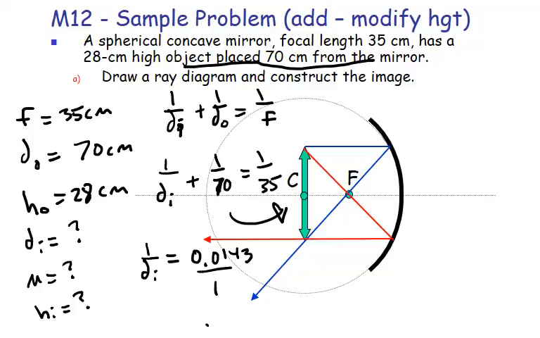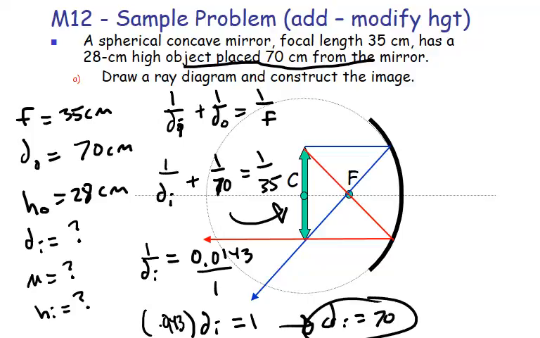And then we cross multiply, so DI multiplied by 0.0143 equals 1, so DI comes out to be 70. And that makes sense. The image is located right here at the 70 mark, right where the object is.